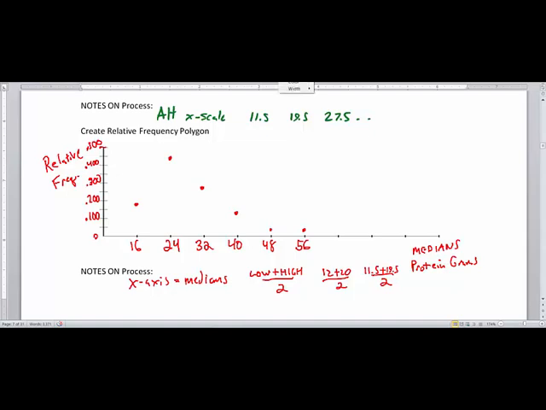Now, what's important about this is I want to definitely make sure you connect the dots correctly. You not only connect the dots between the points you've plotted, but you also have to connect the dots to the ground to make this frequency polygon.